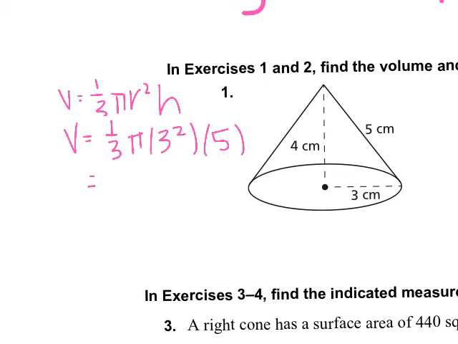What'd you get? 47.1. Okay, what'd you get? 37. Okay. Did everybody else get 37.7? 47.1.